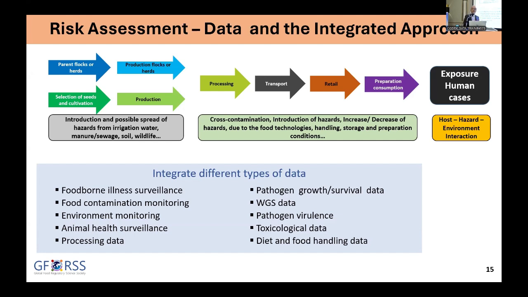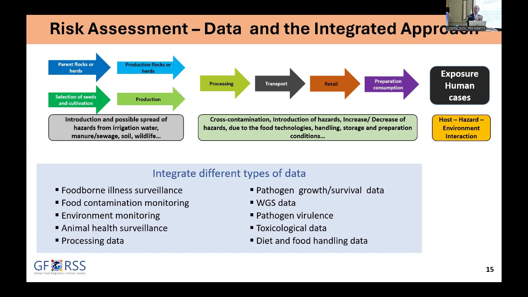The fact that the food is transported, is conserved in a certain way, also will have an influence on the way the risk will be found. So you have a number of other parameters related particularly to the production, the handling of the food that may also influence the risk.